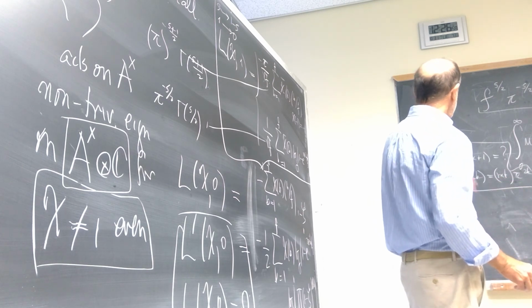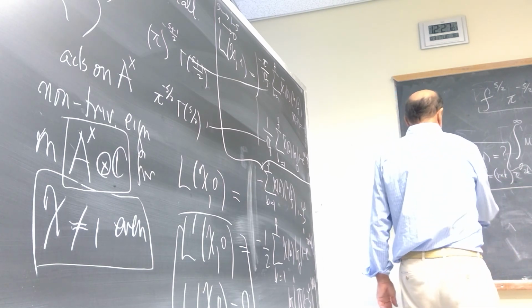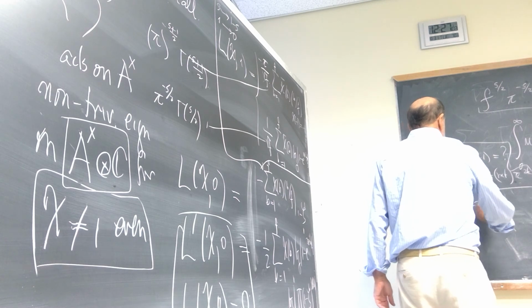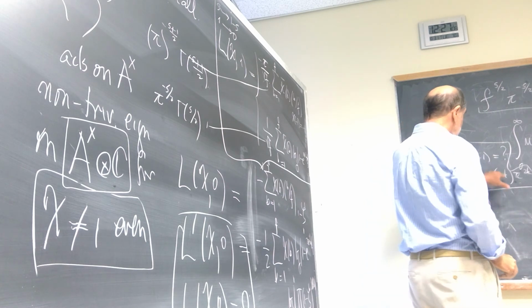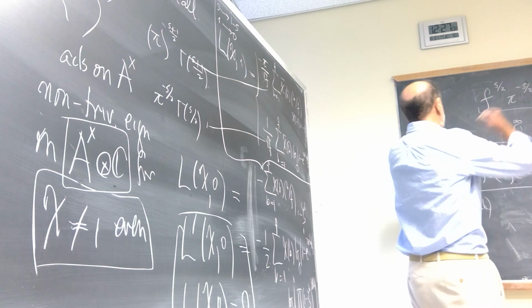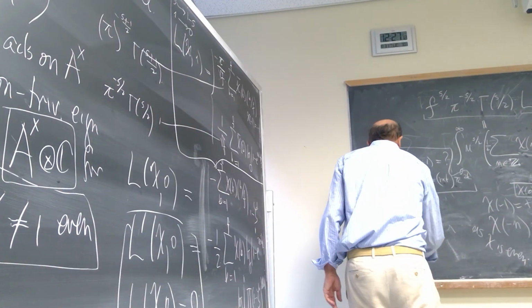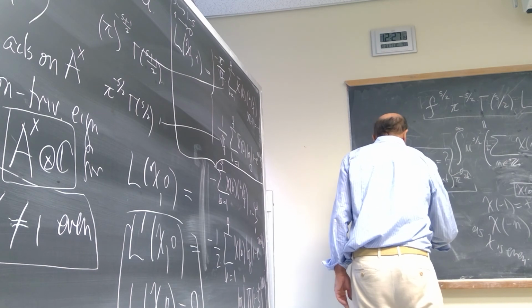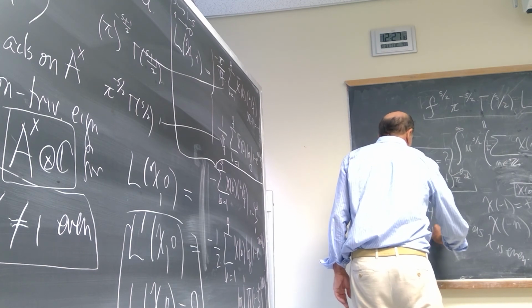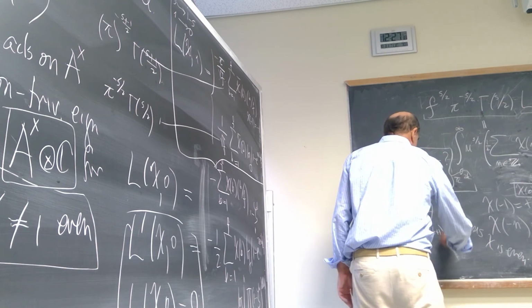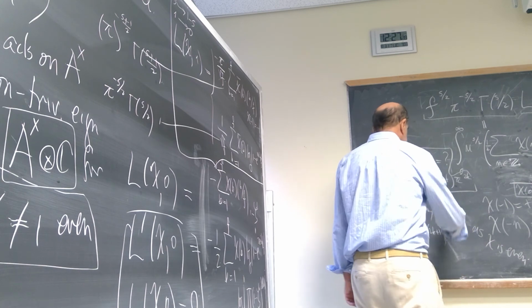But what was the mystery? Well, the mystery is that zeta of 1 minus 2k is equal to essentially this rational number. I mean, there are some things that come in the functional equation, but zeta of 1 minus an odd number, 2k plus 1, which is a negative integer, is equal to 0.